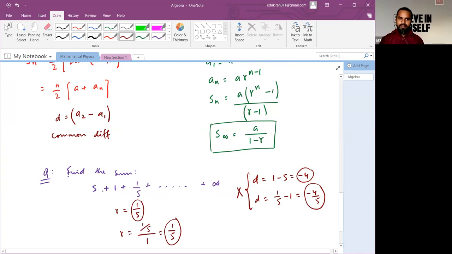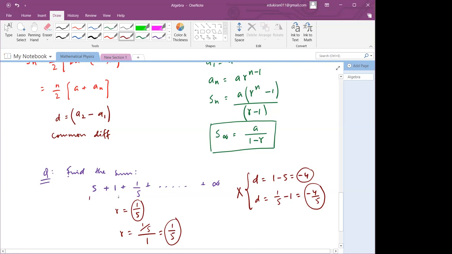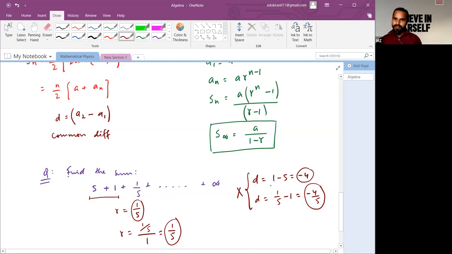I have defined this particular series, whether it is in terms of AP or GP. To define in terms of AP, we must calculate the common difference between two consecutive terms, for which I have taken the common difference between first and second. Just see, A2 is equal to 1 and A1 is equal to 5, so 1 minus 5 would be minus 4.